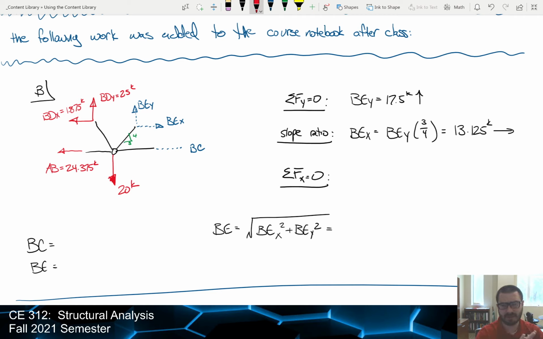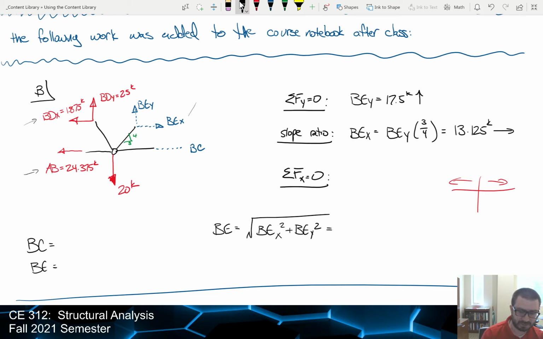So let's take stock of what we've got going on. By the way, if you want to draw a table and list it that way, that's fine. And maybe if you've got a joint with a lot going on, that might be the best way of doing it. I'm not going to do it here, but you can if you want. But I've got 24.375 going to the left, and I've got 1.875 going to the left. That's this force and that force.